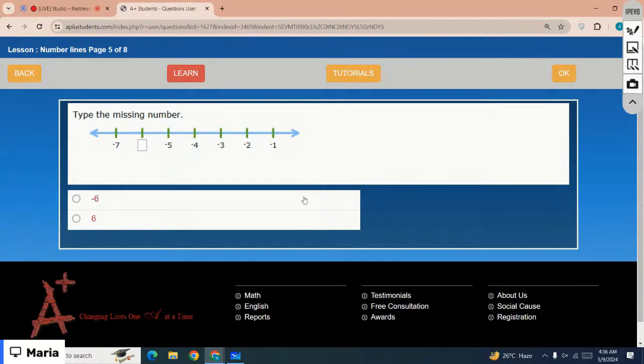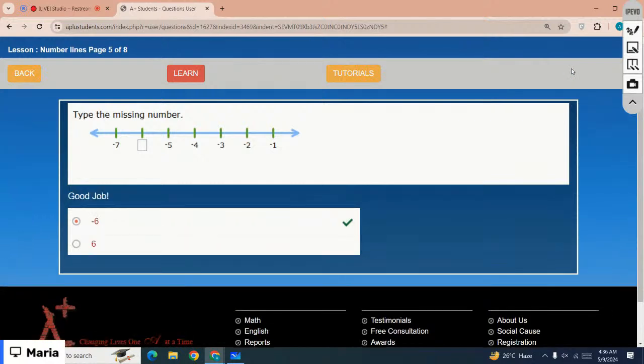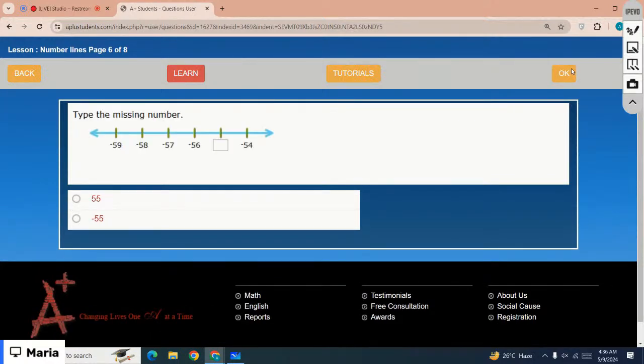Negative 6 it is. Type the missing number. That would be negative 55 is the correct option.